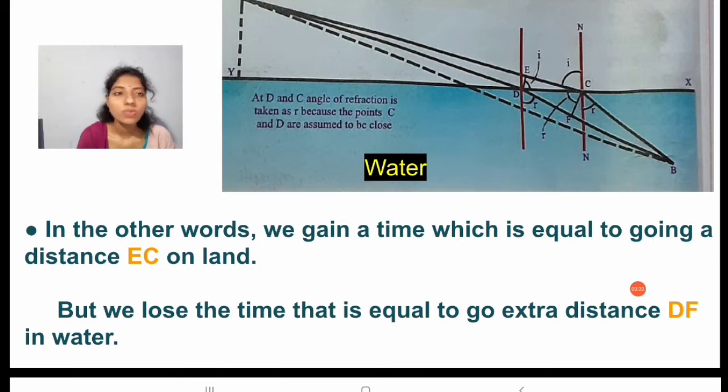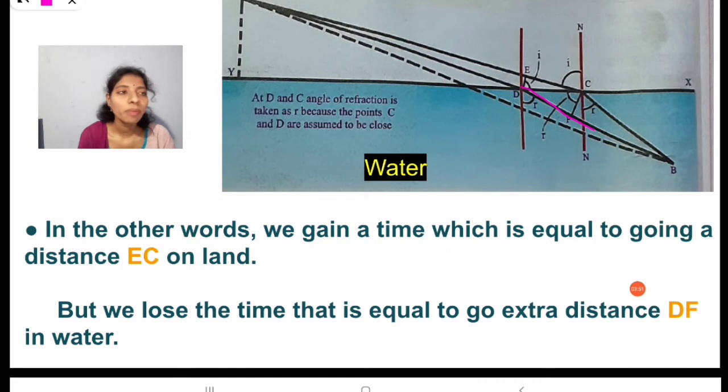In other words, we gain a time equal to going the distance EC on land, but we lose the time that is equal to going the extra distance DF in water. If we choose the distance DE, we have to travel the extra distance in water, that is DF.